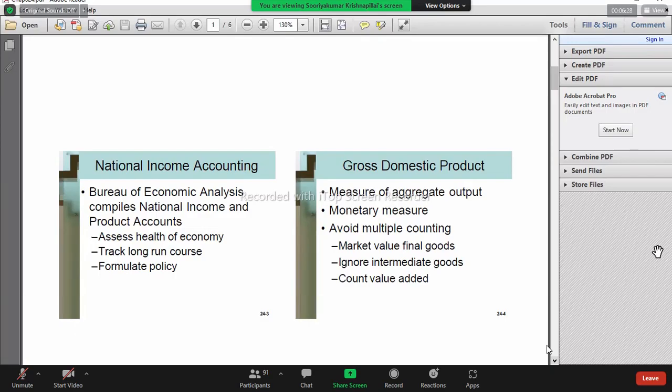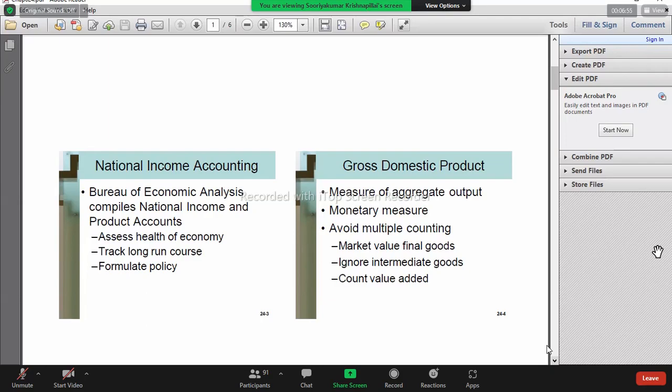For the final goods and services, we need intermediate goods to produce them, but we should not value those intermediate goods. Then it's double counting. So GDP is the market value of final goods, and we should ignore intermediate goods.